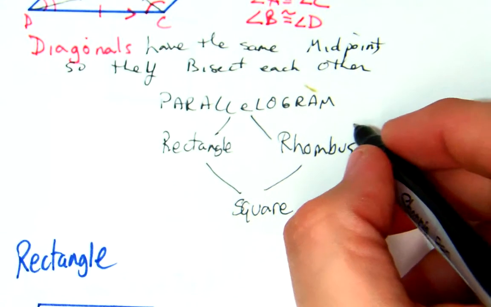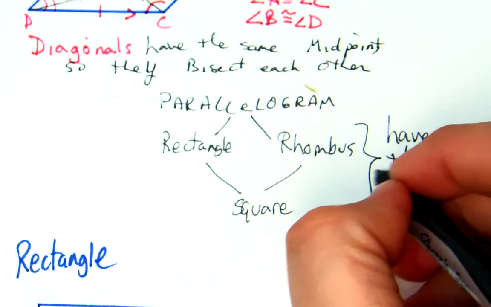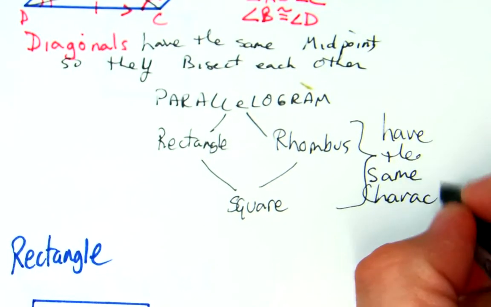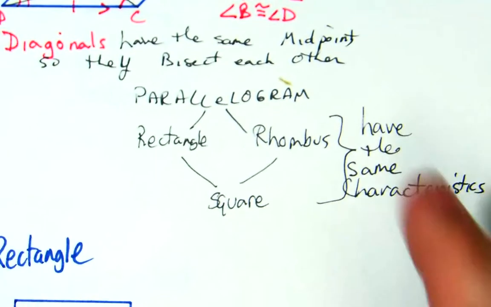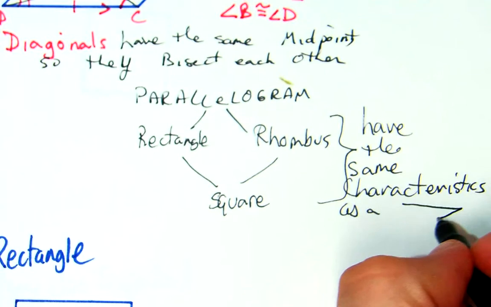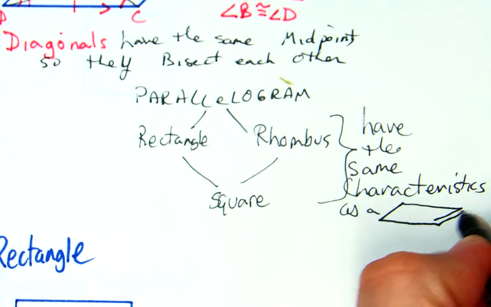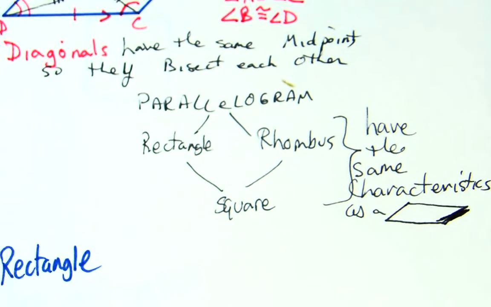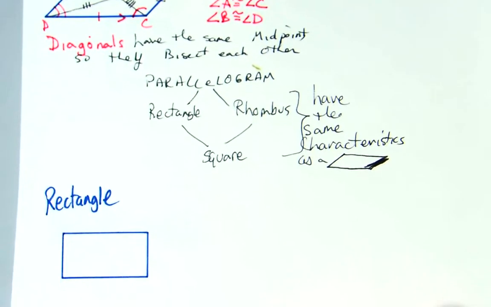So these three shapes have the same characteristics as a parallelogram. I'm just going to draw the parallelogram because I'm getting kind of lazy in my old age. And it's a very, very bad one. But do you guys get the idea? Yep. I'm going to squeeze that out a little bit so I have a little bit more room to work.